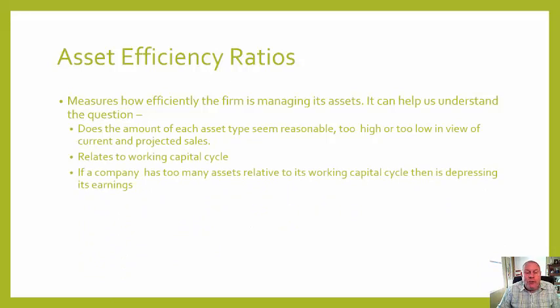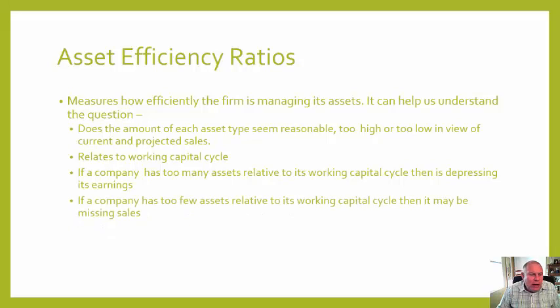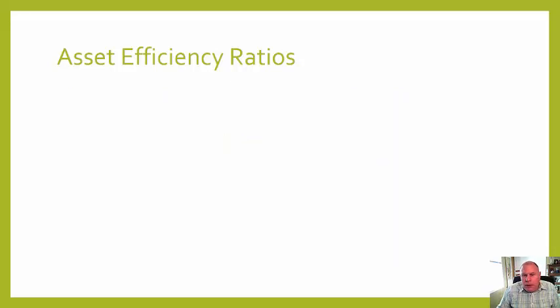If a company has too many assets relative to its working capital cycle, excess working capital, it's depressing its earnings because whenever you're using funds you don't need, there's a cost associated with that. If the company has too few assets relative to working capital, it's going to be missing sales because it can't keep up with them.